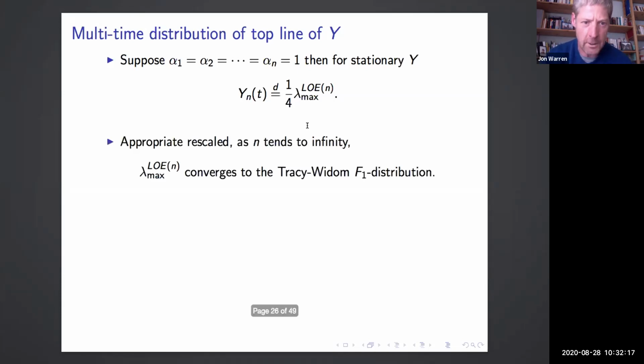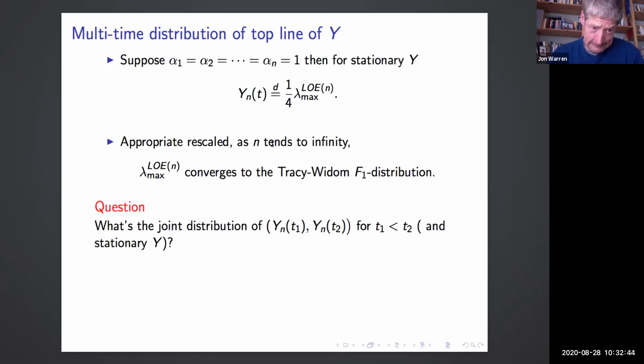So that means that if you send n to infinity, so you've got y1 and then y2 on top, y3, then yn appropriately rescaled, well, these LOE eigenvalues are converging to the Tracy-Widom F1 distribution. So that means that yn is in distribution converging to the Tracy-Widom F1 distribution. And then it's quite natural to ask about what happens if you take 2 times yn at T1 and yn at T2.